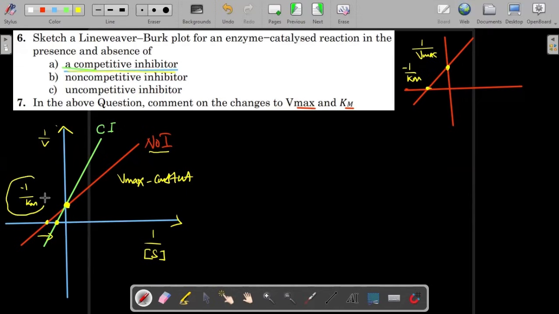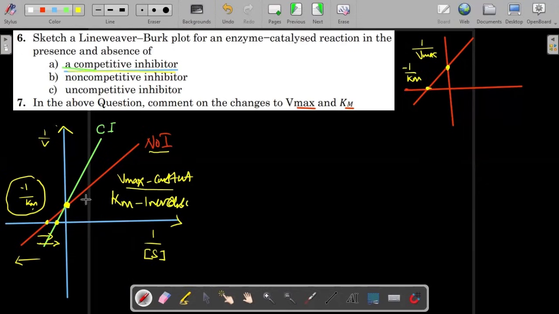Remember, this is the reciprocal, so the opposite will be happening. If your graph moves to the right, it means the value of Km will increase, and if it moves to the left, it means this value will decrease. So we are going to say the Km there increases.